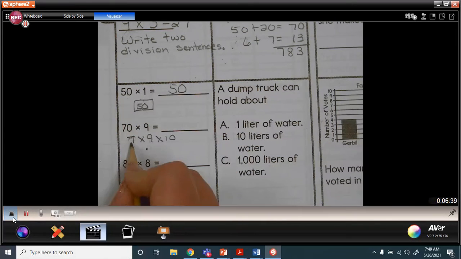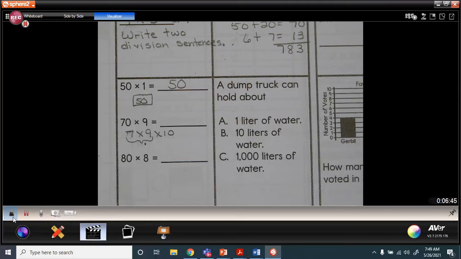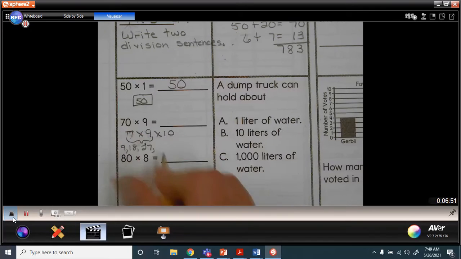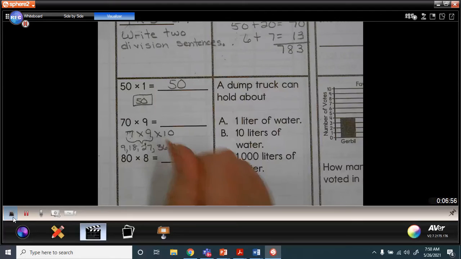So when I multiply 7 times 9, and we know our multiples of 9, hopefully we understand that pattern, right? That pattern of 9, 18, 27, 36, 45. Now we're going to switch the 1s and 10s. 54, 63.